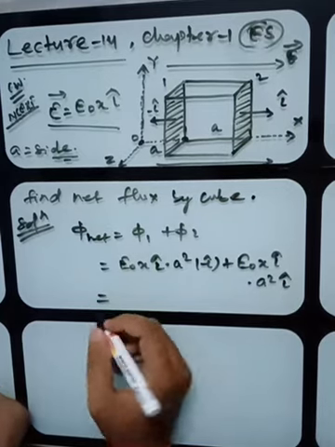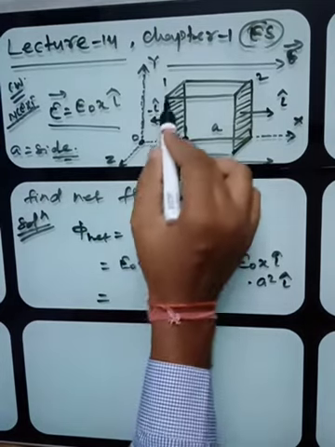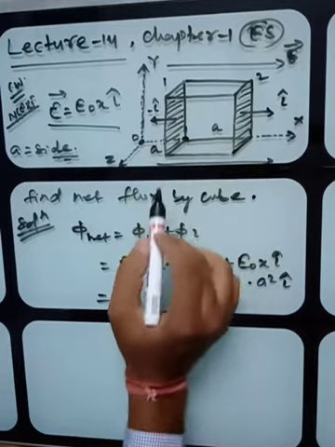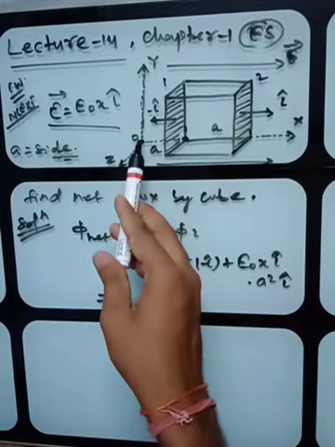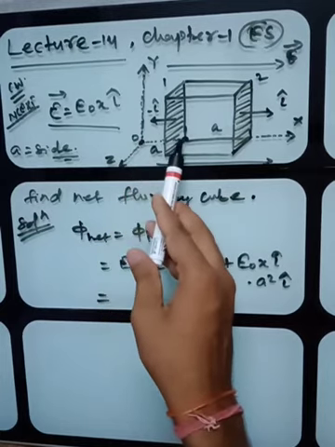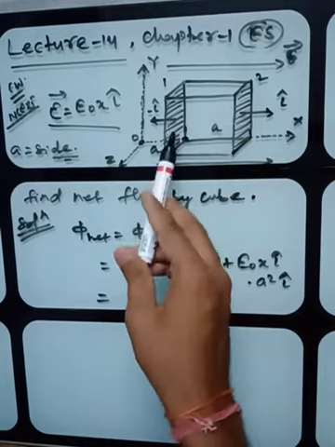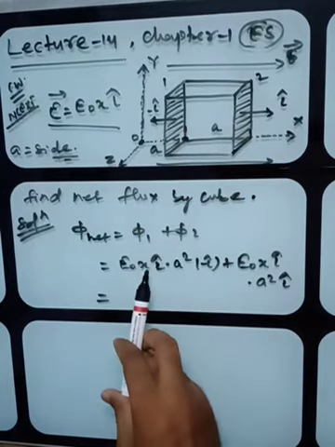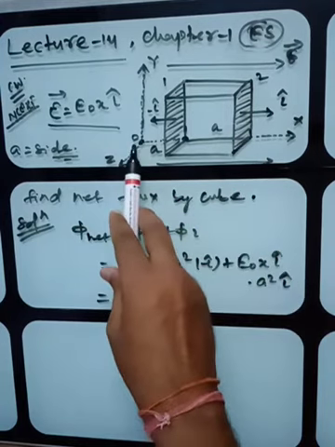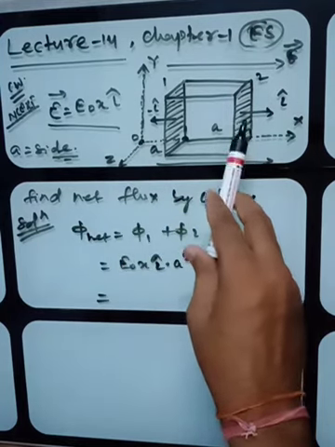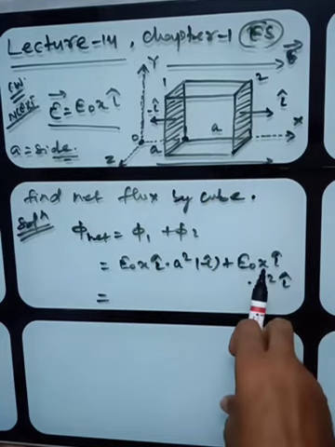But remember, don't be in a hurry to cancel out. For this face, since from the origin this face is placed at distance A, it will encounter the electric field E naught A. But this face, since it is 2A away, will encounter the electric field with x equal to 2A.